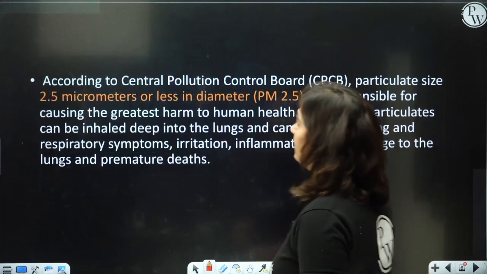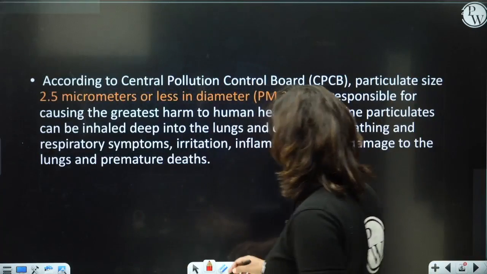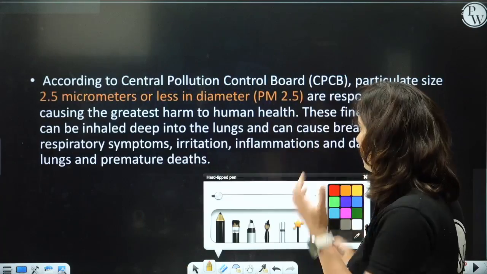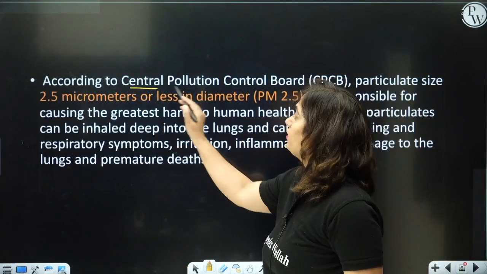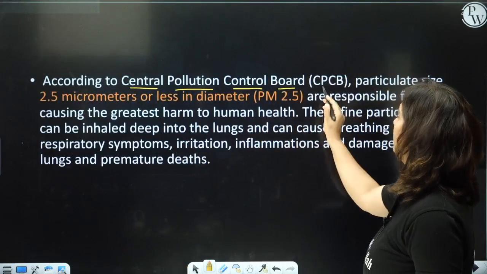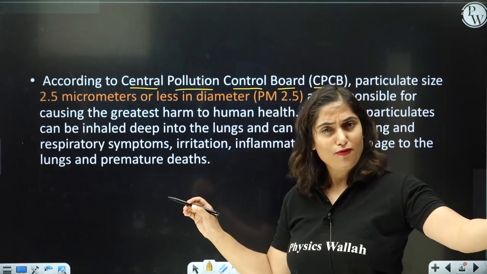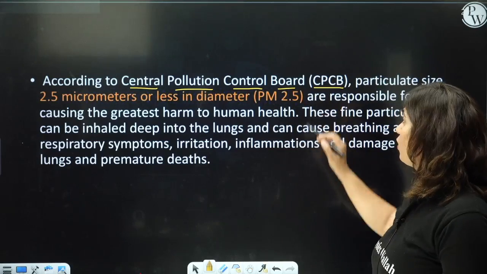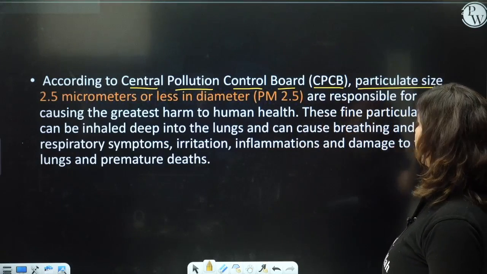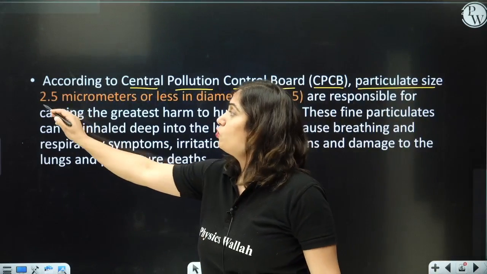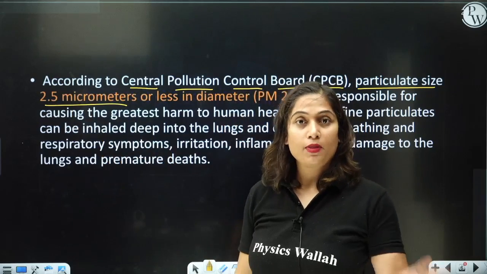Now let's understand what is called particulate matter. That is important. According to the Central Pollution Control Board, CPCB, the definition, the full form can come in the exam. According to CPCB, the size of particulate matter is 2.5 micrometers or less.